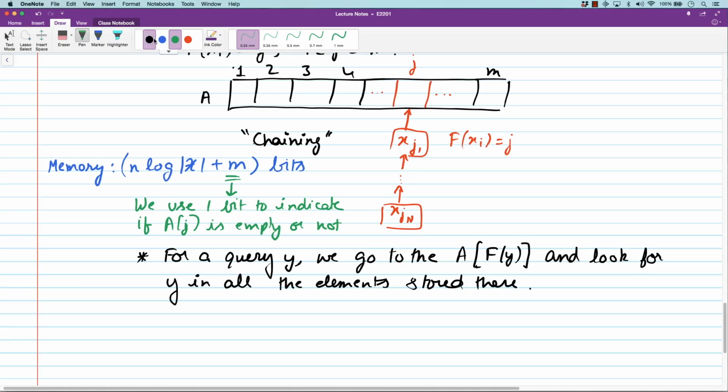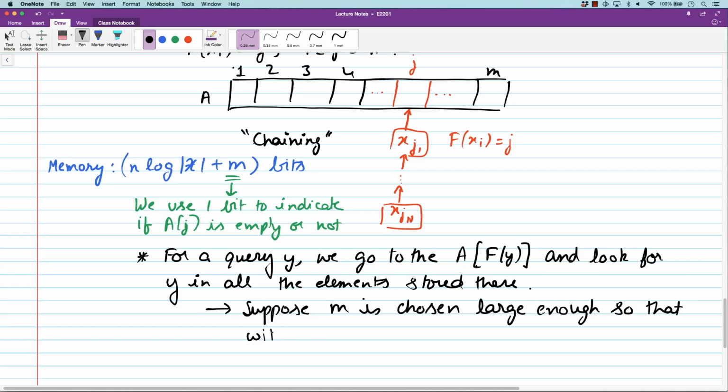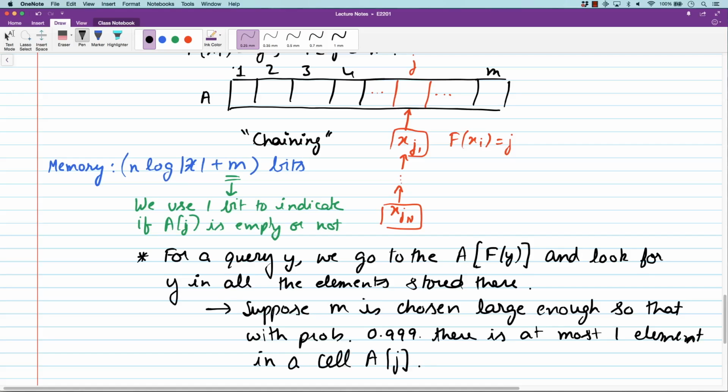Suppose m is chosen large enough so that with probability 0.99, say 0.999, there is at most one element in a bucket, in a cell a_j. So in any cell a_j, there is at most one element.